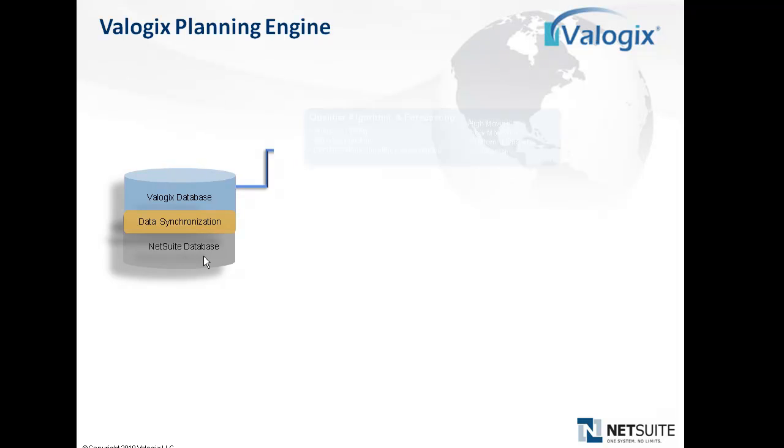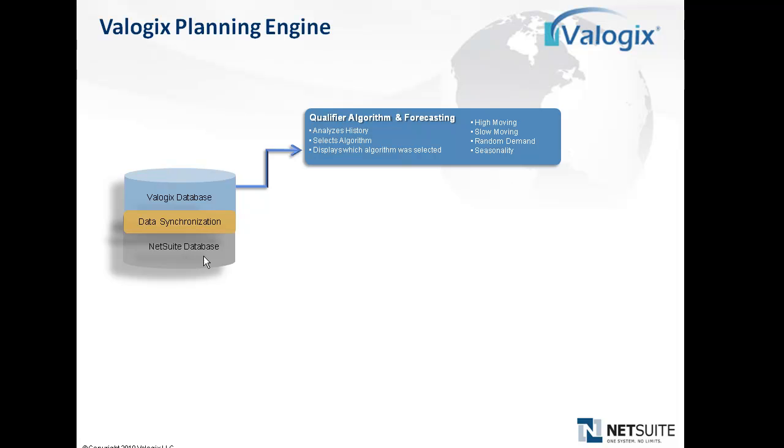The first thing that we do when we're analyzing the patterns in history is we identify the patterns and automatically associate a best fit forecasting algorithm. We identify things like if an item is fast moving, if it's slow moving, if it's increasing demand, if it's decreasing demand, if it's a seasonal item, or a combination of all the above. We analyze those patterns and create a forecast for every item at every location individually.